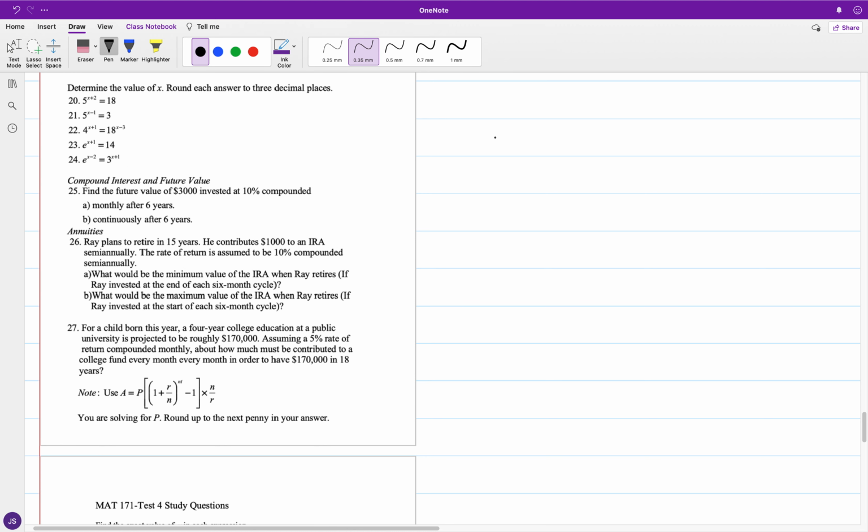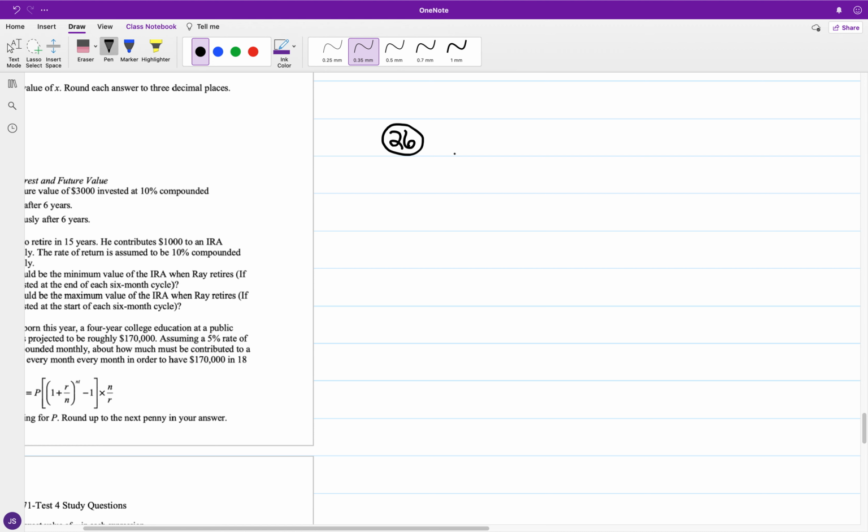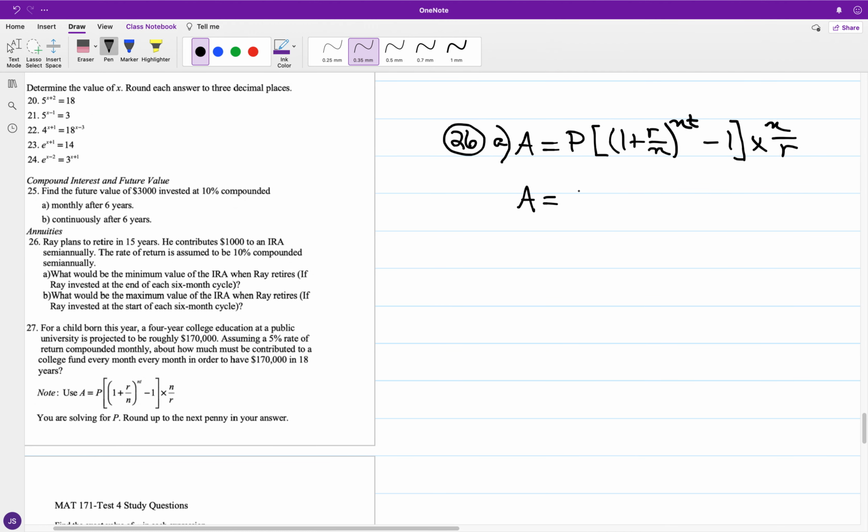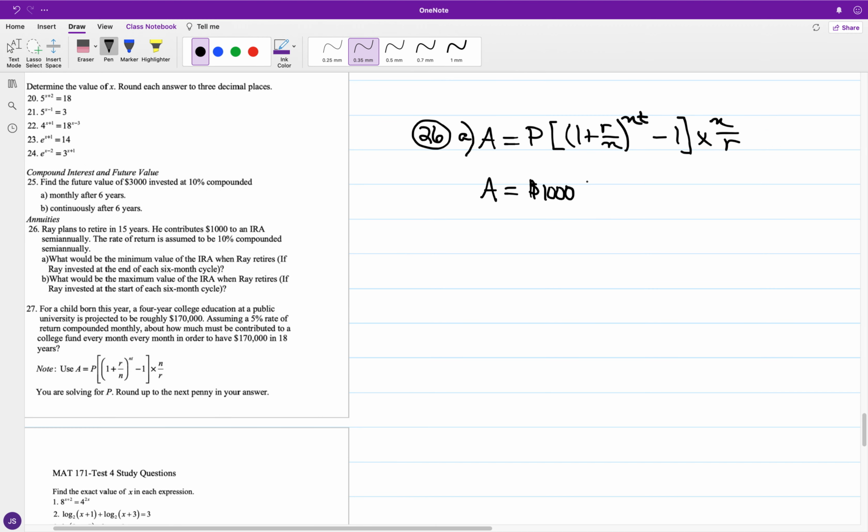So for number 26, part A, you have P times the quantity 1 plus R over N to the N times T, minus 1, times N over R. Just putting in the numbers: he's contributing $1,000, so P is $1,000.